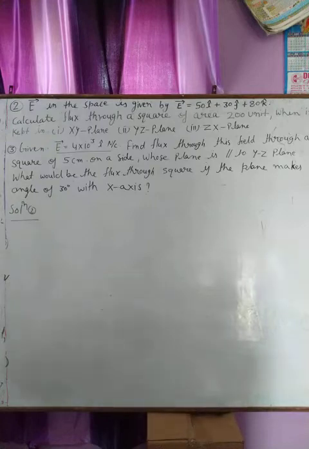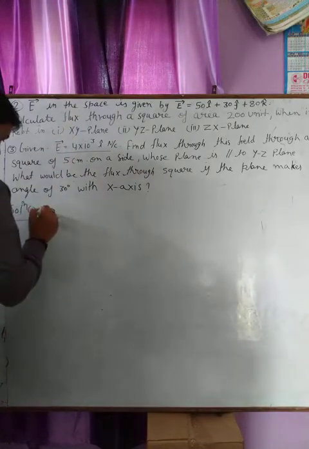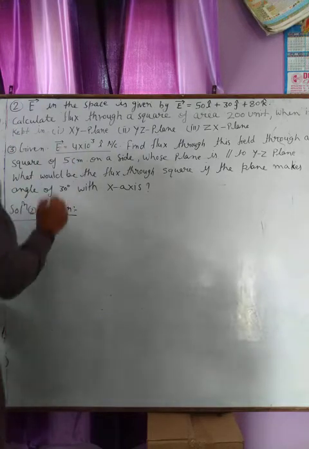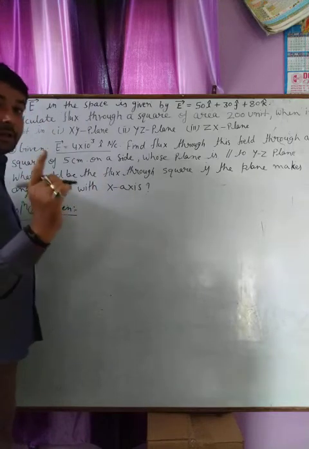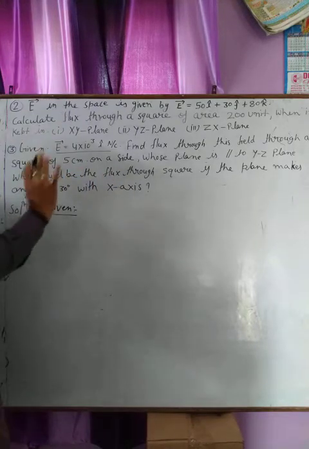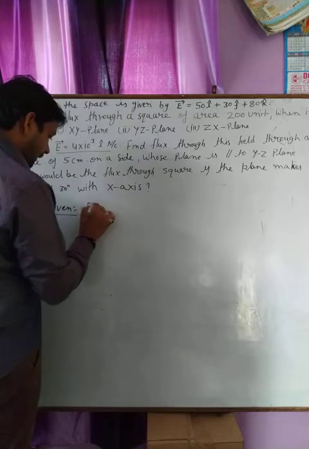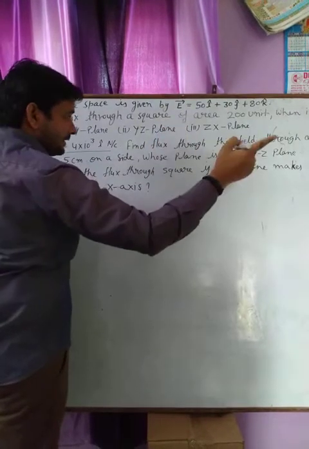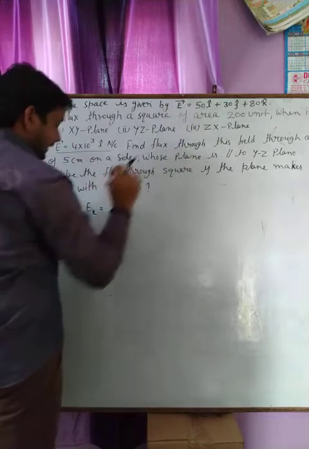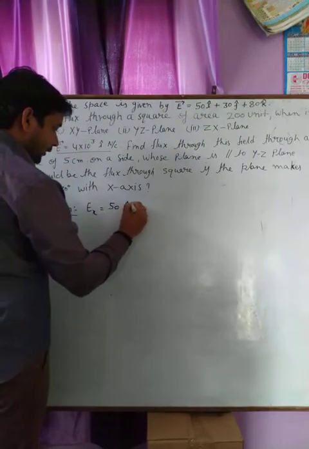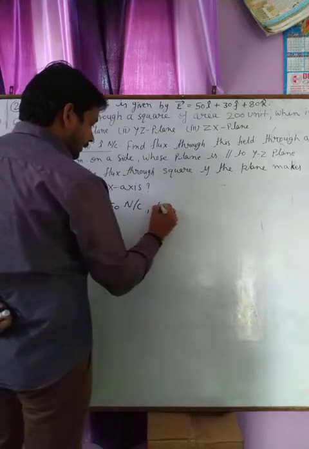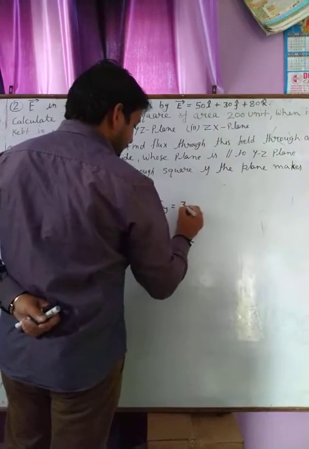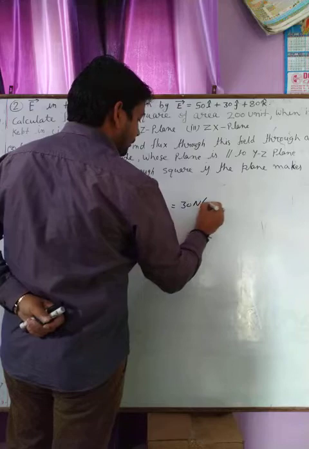Okay student, now we have the given electric field for each plane, or direction of each coordinate. We need to determine it. That is, i cap is in the direction of X, so in the direction of X it is 50 Newton per Coulomb. Ey, the electric field in the direction of Y, is 30 Newton per Coulomb.